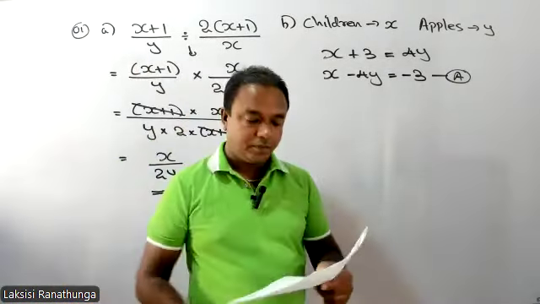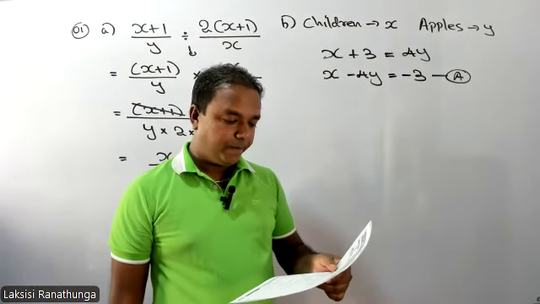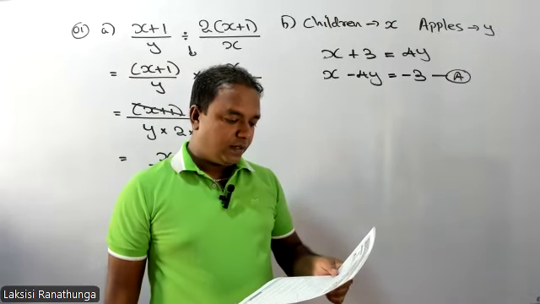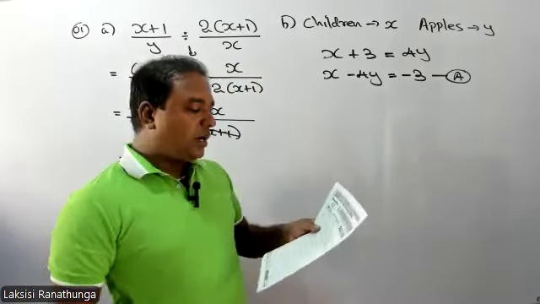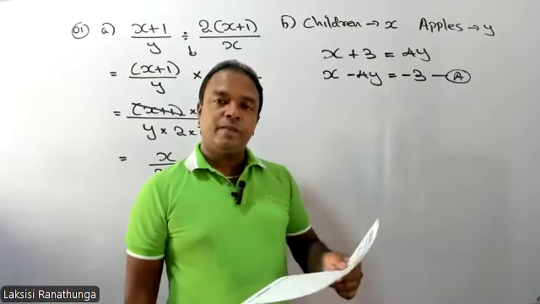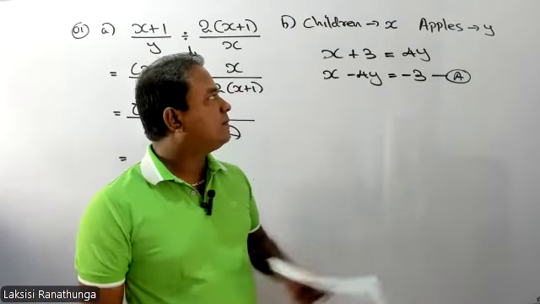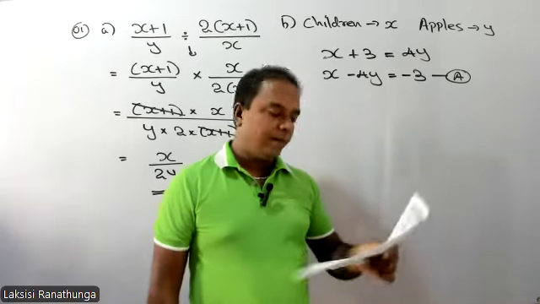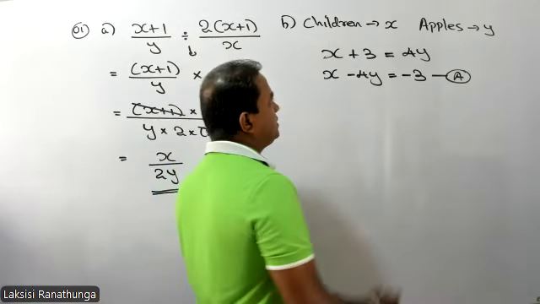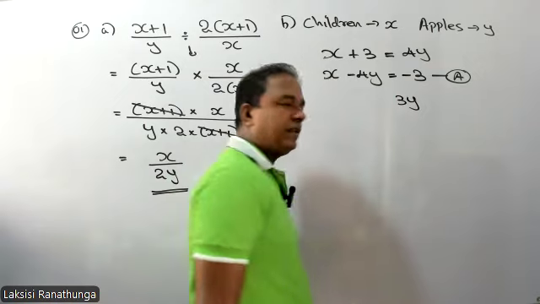Then, when all apples are cut into 3 equal pieces, there are y apples. If all apples are cut into 3 equal pieces, there are 3 times y, 3y pieces of apples.